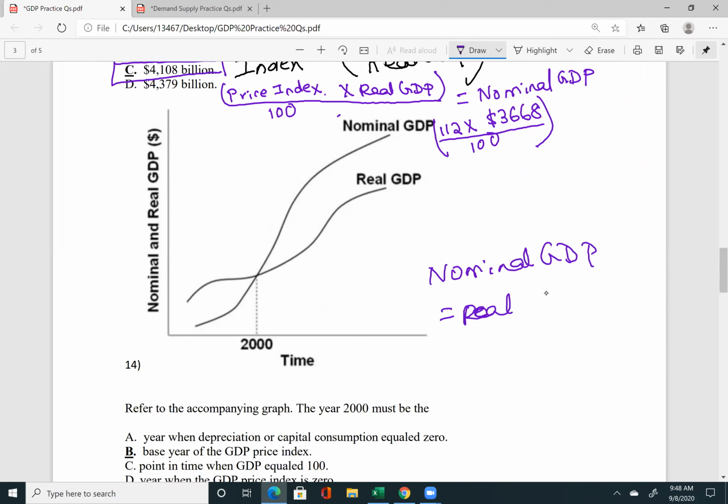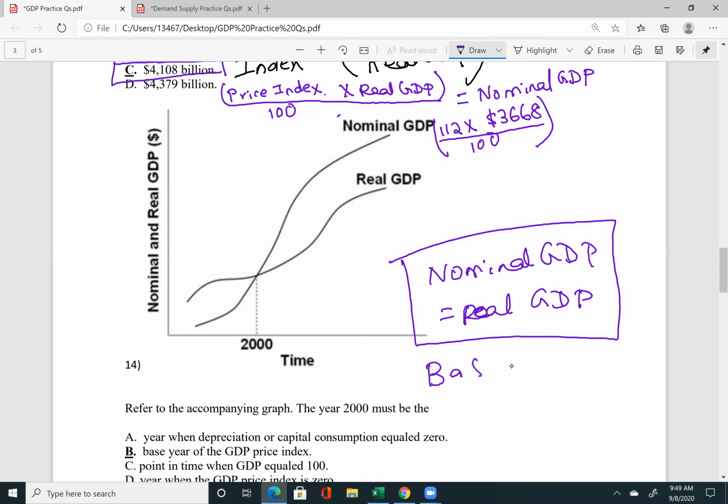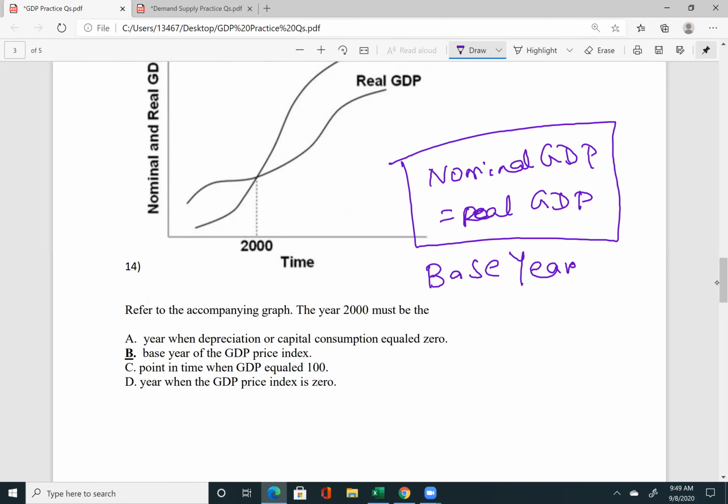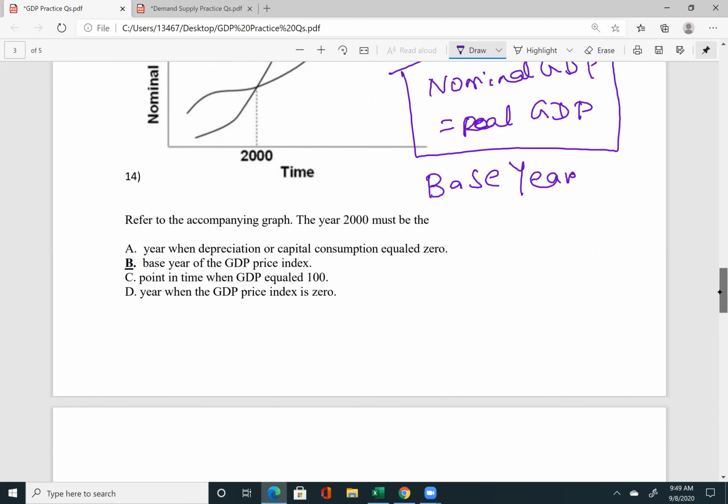In economics, whenever two lines are intersecting, we say those two are equal. And these two are going to be equal when the year is the base year. I'm going to explain this in the next problem. So the year 2000 is the base year of the GDP price index.